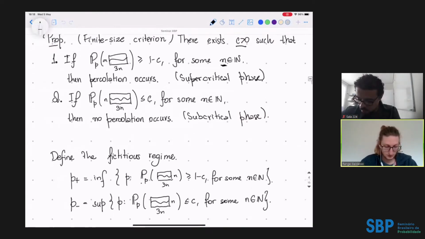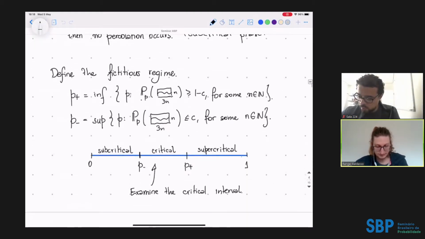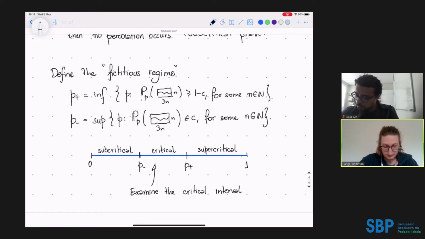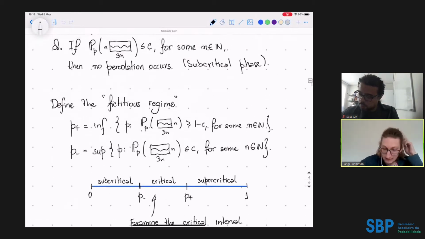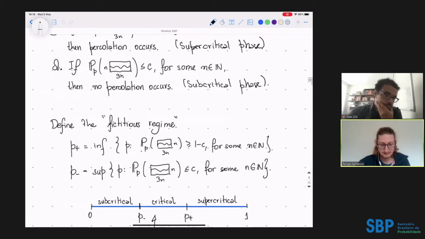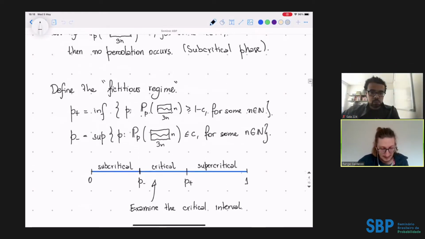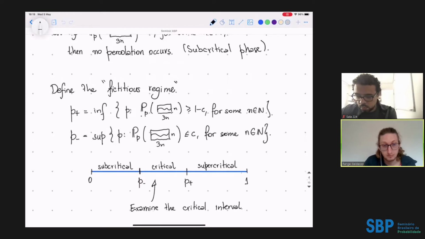Okay, so once you have something like this finite size criterion, you can divide the interval [0, 1] into 3 different intervals by defining what is called the fictitious regime. We're going to define P plus as the least value of P such that the condition of the first statement here in the theorem holds. So P plus is the infimum of all the P's such that this condition holds. Analogously, P minus is the maximum P such that the second condition holds. And this splits our interval into 3 possible cases.